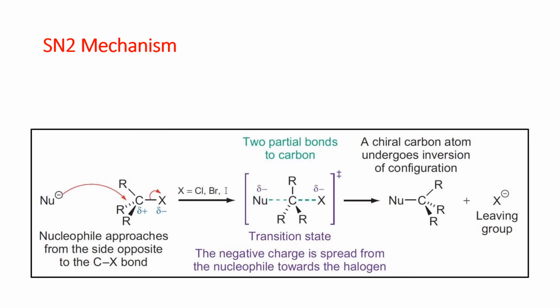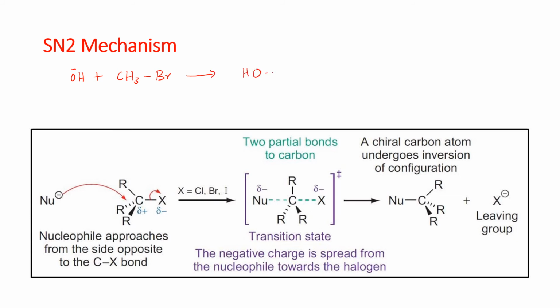Let us write a simple example. So OH minus plus CH3Br. The first step is formation of a transition state.